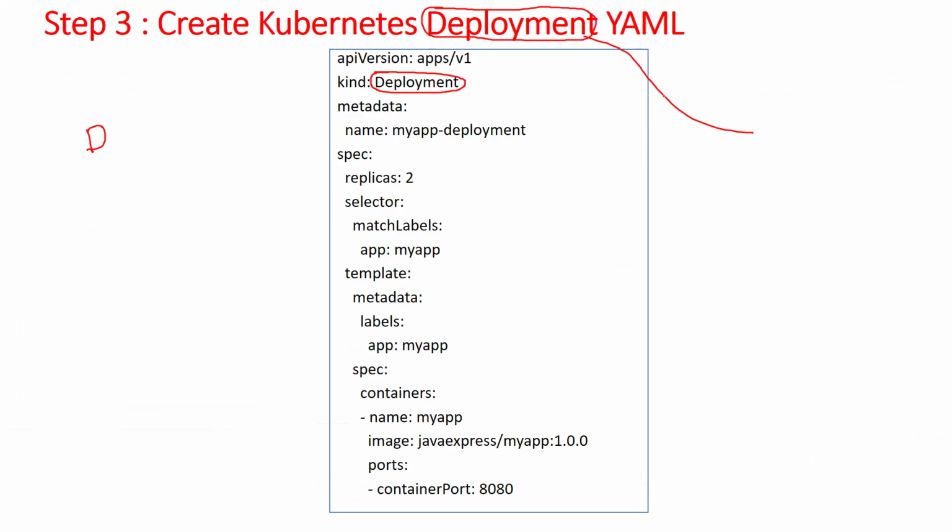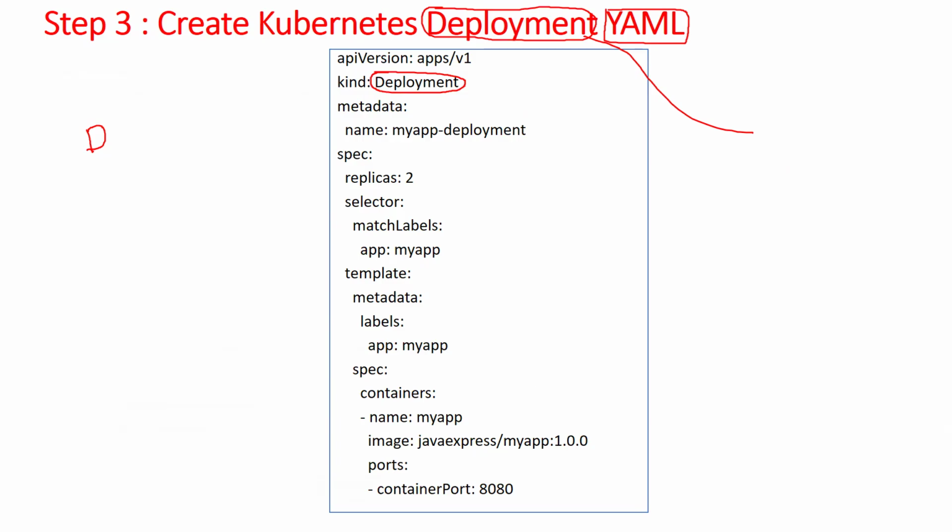Whatever you are seeing, this whole content is in YAML file format. So we need to prepare this YAML configuration for our Spring Boot application.